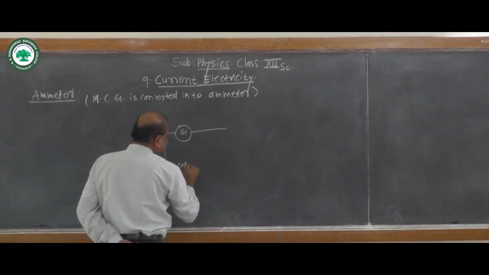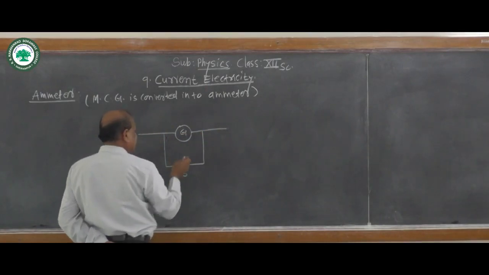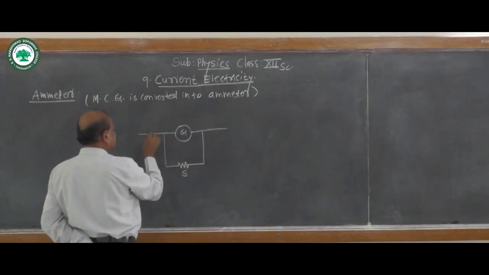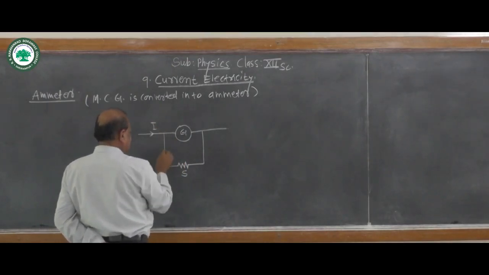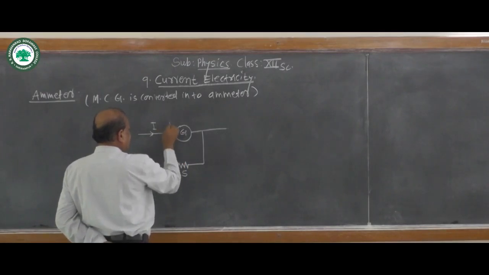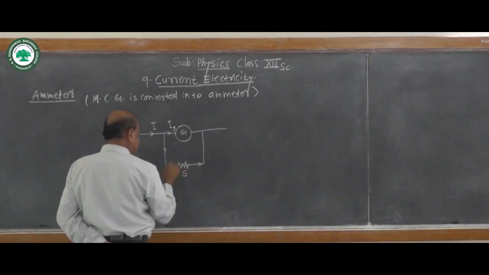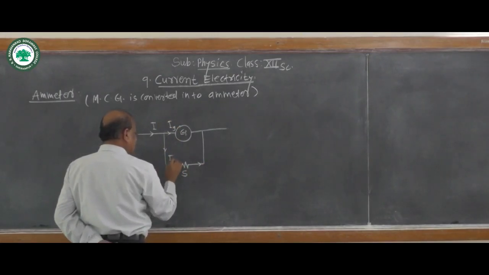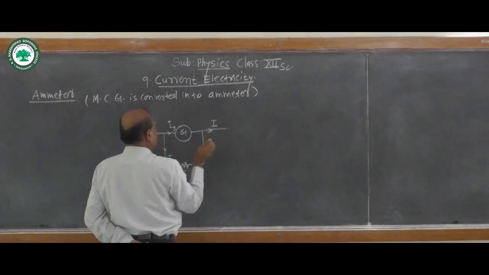A small resistance S, which is known as shunt resistance S, is connected parallel to this galvanometer. The current flowing through this circuit is I, the current flowing through the galvanometer G is Ig, the current flowing through this resistance is Is, and the output is I.